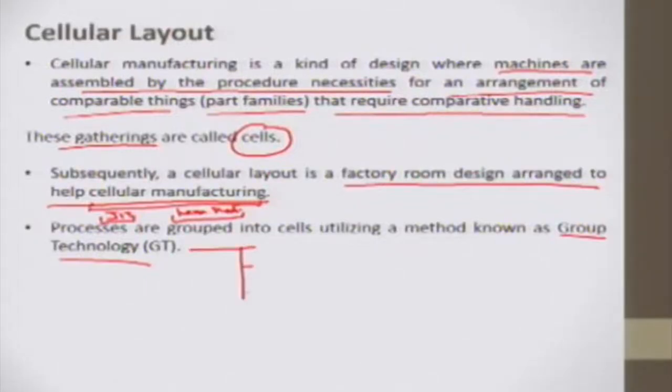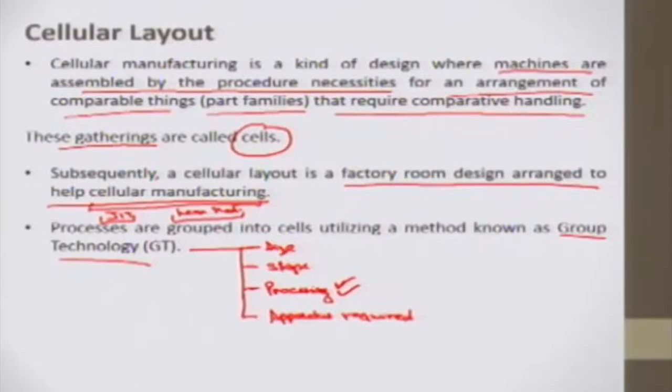The similar parts can be grouped. For example, groups can be made according to their size, according to their shape, according to the kind of processing that is required. This is most important here. Then the kind of apparatus that is required. So the parts or components are grouped in this way.